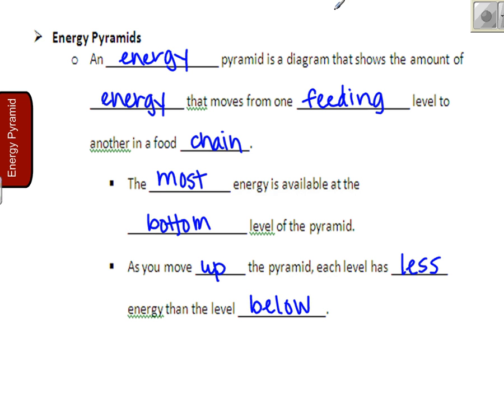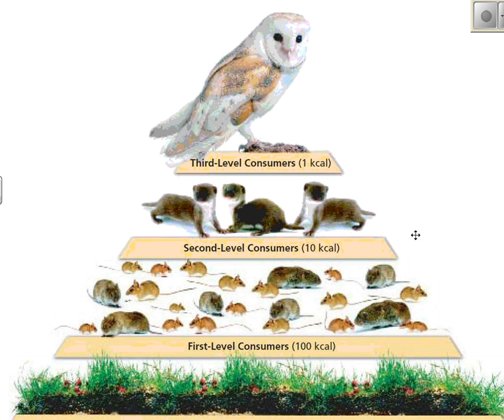So let's take a look at this energy pyramid. Okay, so if you look at this pyramid, you see that first you have at the bottom your producers. Your producers are going to have the most energy. And then you'll have your herbivores that eat your producers. They're the first level consumers. They're going to have a little bit less energy. They're going to receive a little bit less than what the producers had originally.